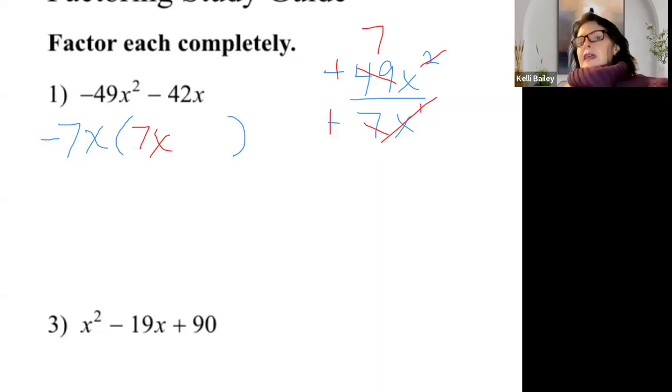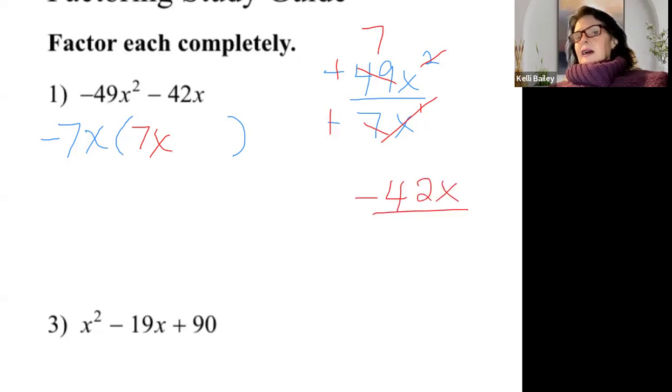All right, now I'm going to say negative 42x divided by negative 7x. All right, again, negative over negative becomes positive, so that tells me I've got a plus right there.